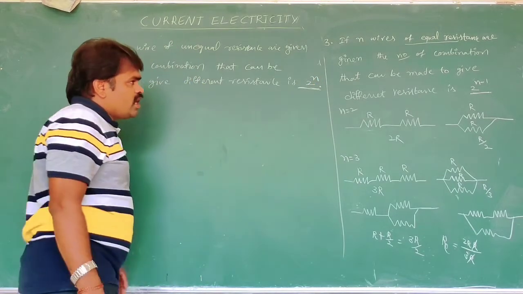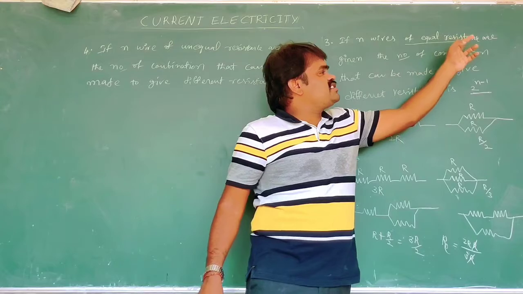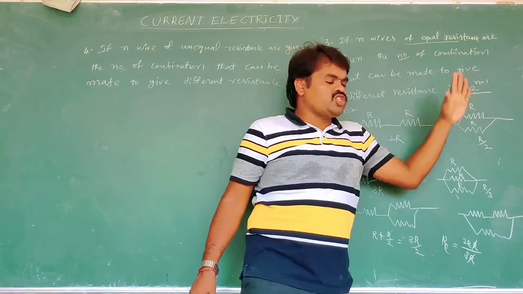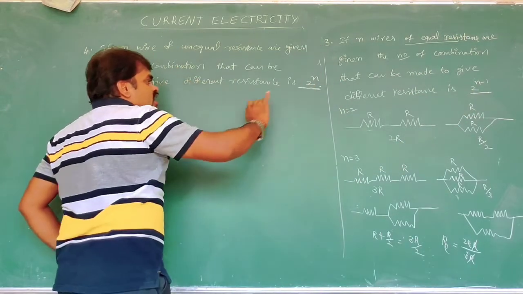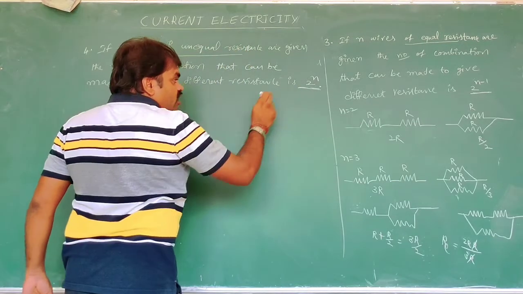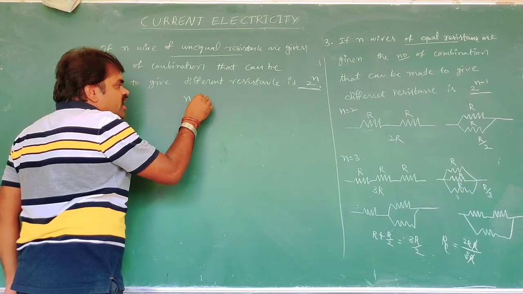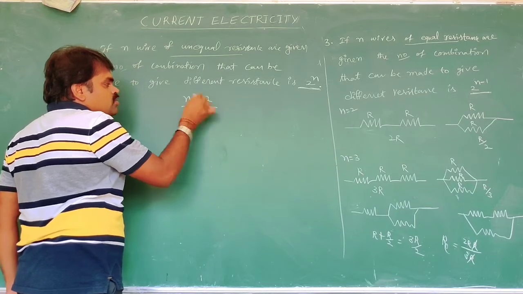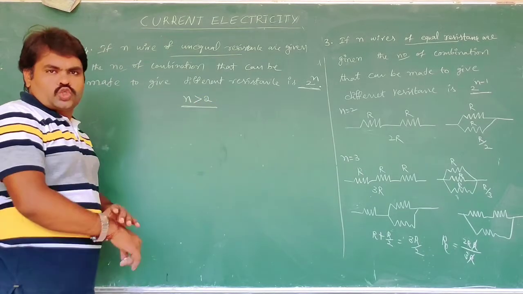Here, when equal resistances are given it is 2 power of n minus 1, but when unequal resistances are given it is 2 power of n. N must be greater than 2.